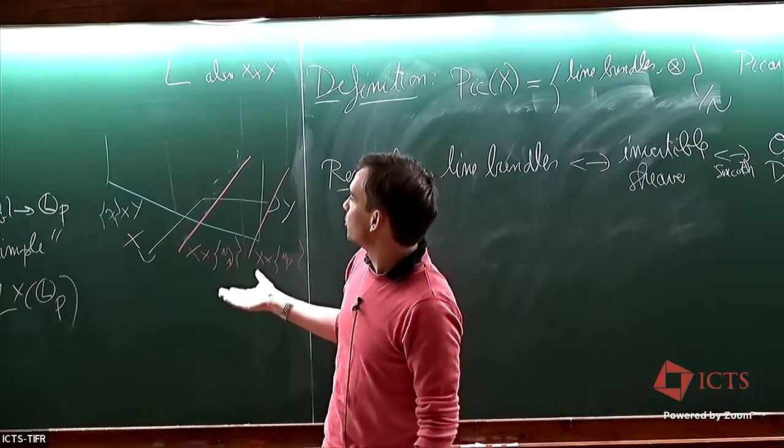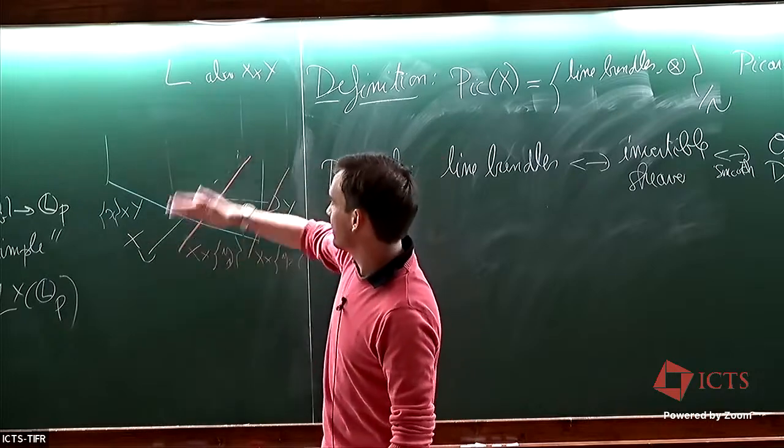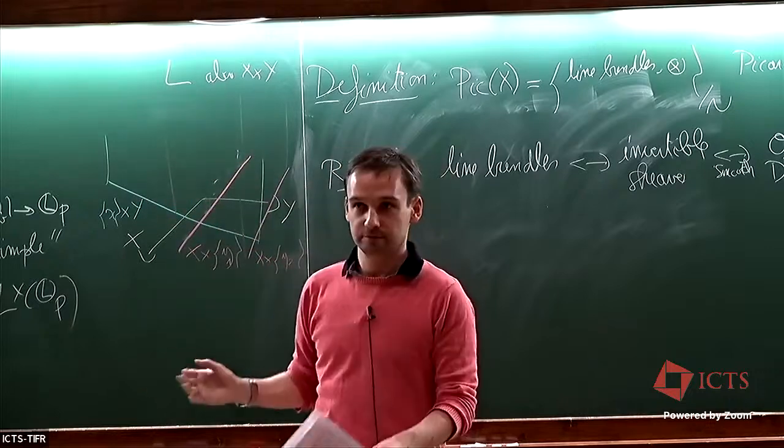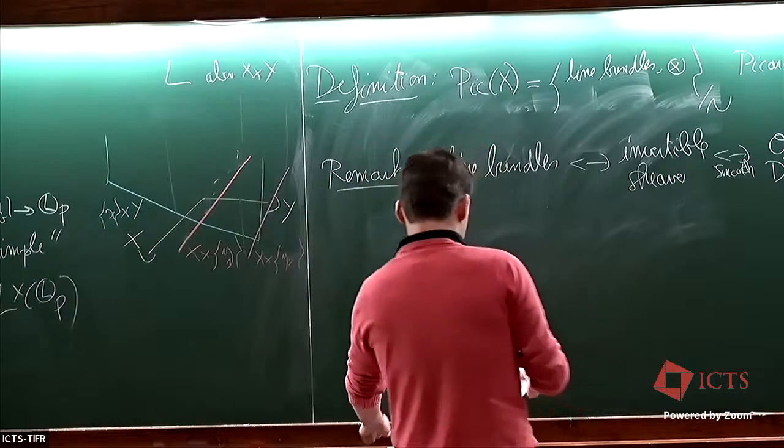So what I'm just saying is that when I take something like this, I can slice, and each slice gives me a line bundle over either X or Y. I will consider this. That's exactly what I do.